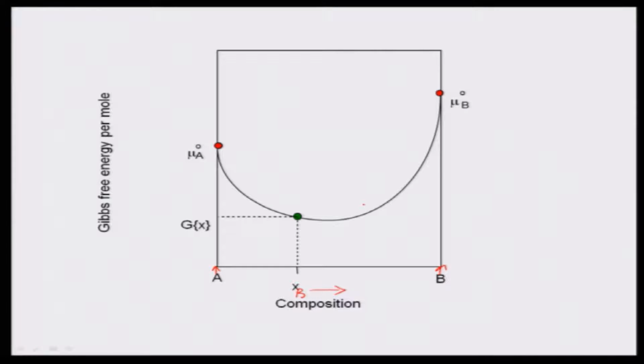I have already discussed why this kind of shape will be there. If I now want to know free energy at a particular composition X, that is G x, then I can just draw a tangent to the curve, and this tangent will be passing through this dotted point.